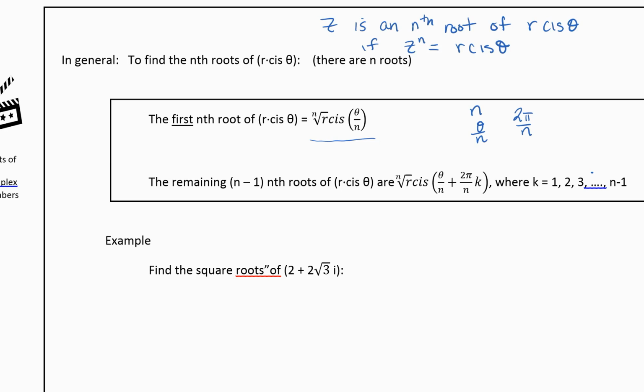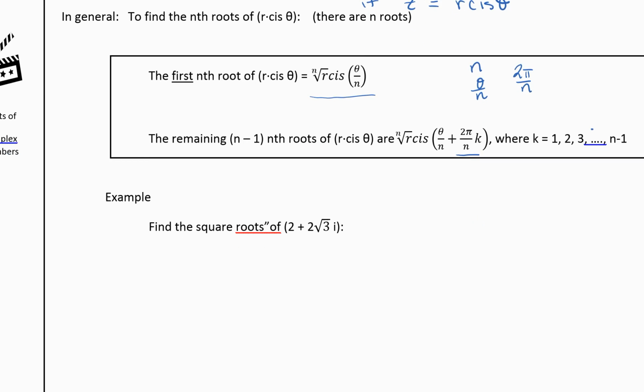After we find the first one, which is the nth root of r cis of theta over n, then to find the rest of them, so if we had the fifth roots, we'd find the one, and then we'd need to find the next 4. The nth root of r out in front will stay the same. And then to the angle each time, you're going to add this 2 pi over n. So you'll add it to the first, and then add it to the next one each time. That's why you want to find that 2 pi over n, and every time you'll add it.